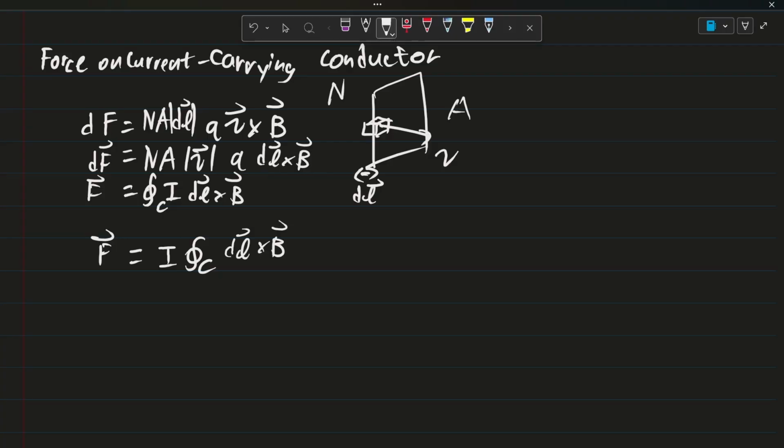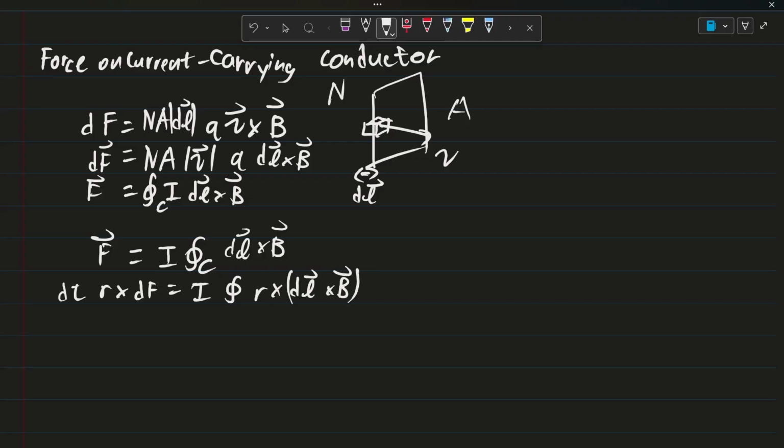But we haven't asked about the torque. So if we try to determine the torque, which is r cross dF, this is going to be I times the closed integral of r cross dl vector cross B vector.